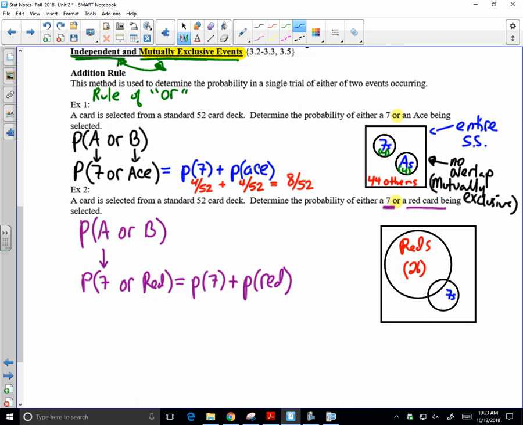Now, if I'm only focusing on, let's say, the red sevens, the overlap between the two sets, there would be a total of 2 of those. You have the 7 of diamonds and the 7 of hearts, which means I have also 2 cards that are the sevens that are not red, so the clubs and the spades.